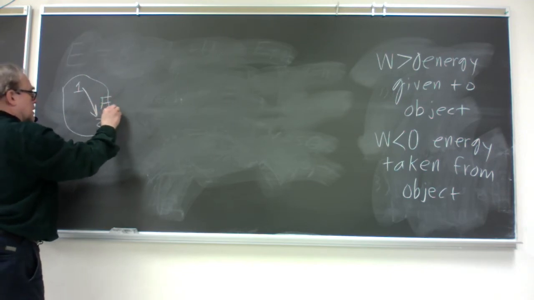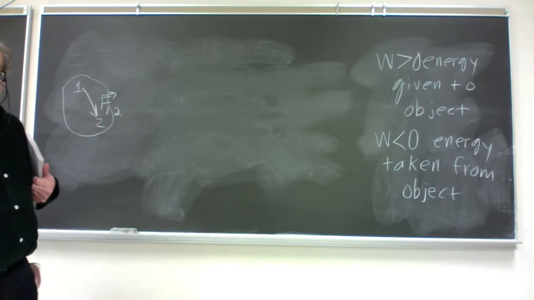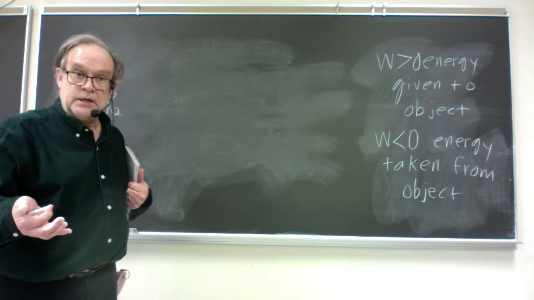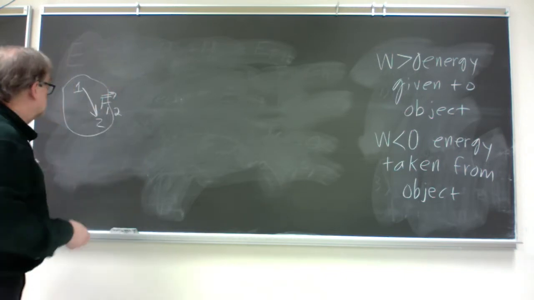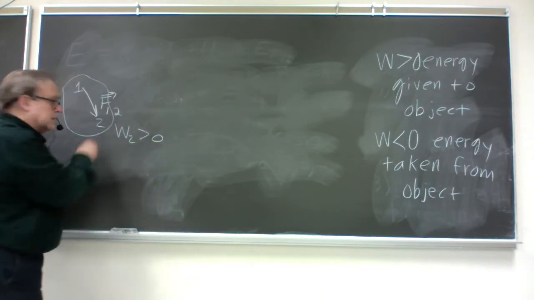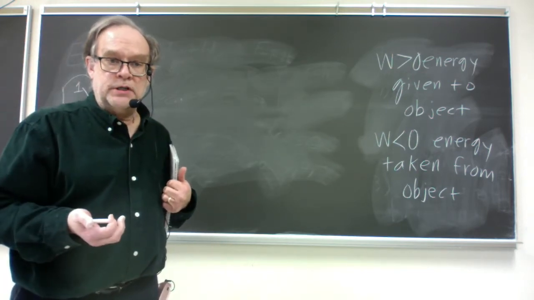Force from one on two. And since two is moving while it feels that force, work is done. And let's say that that work is positive work. The work on thing two, positive work. In other words, thing two gained some energy by having work done on it.